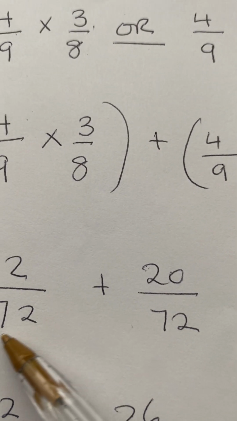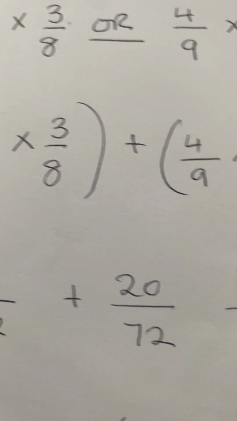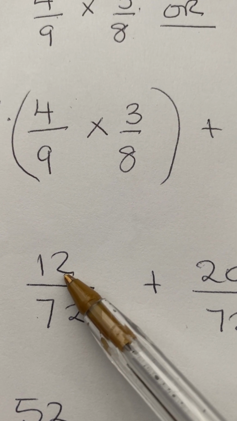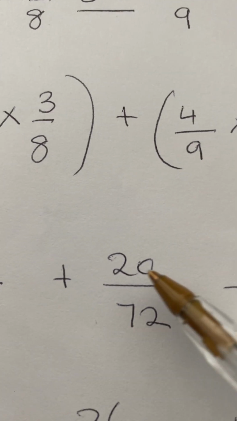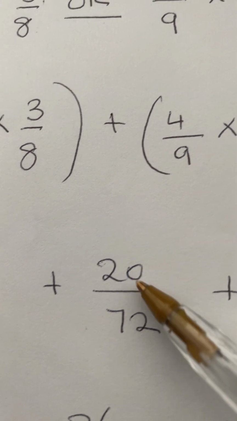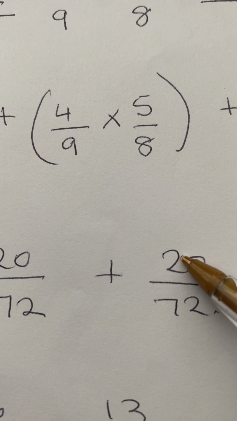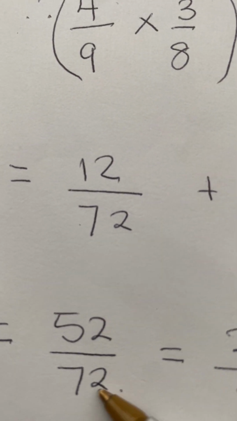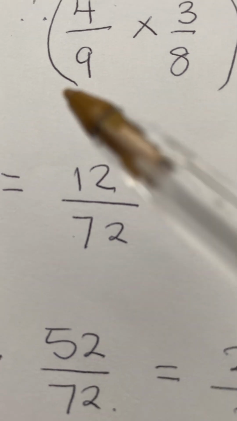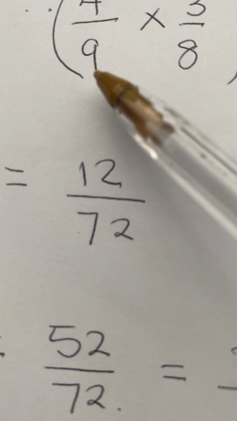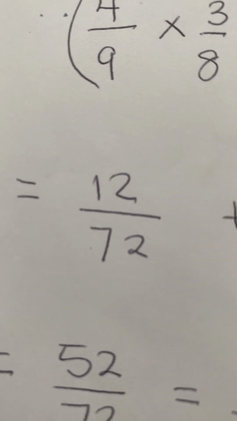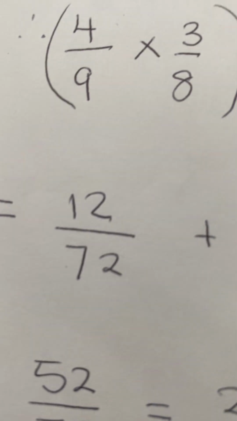Now because the denominators are the same, if you add the numerators, you are going to get 12, add 20, add 20 again. So you are going to get 52 divided by 72, because in each case 9 times 8 will be 72.